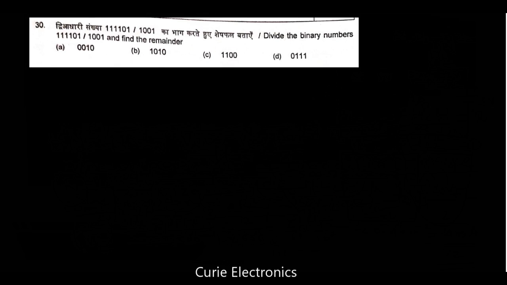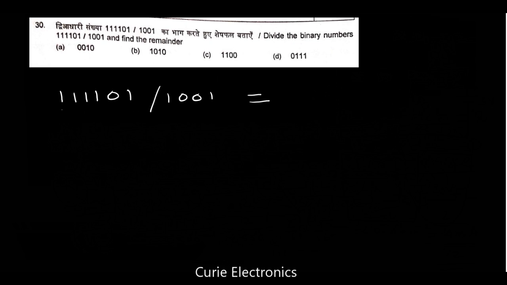And the last question, divide the binary numbers. Last question for the first part. So we have binary numbers 111101. This we have to divide by 1001. I will convert both to decimal.